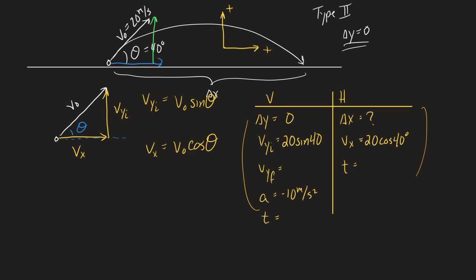All right, so if you made it to the first part of this problem, then you know you're going to use 0 equals 1/2 a t squared plus, is it 12.8 t? Is that right? What's that? 12.9?